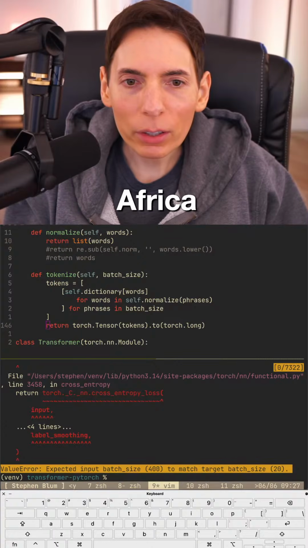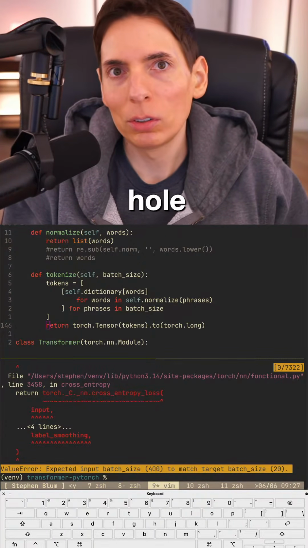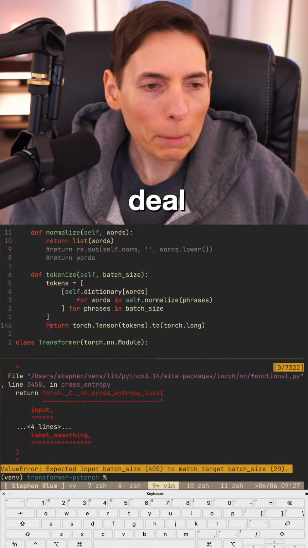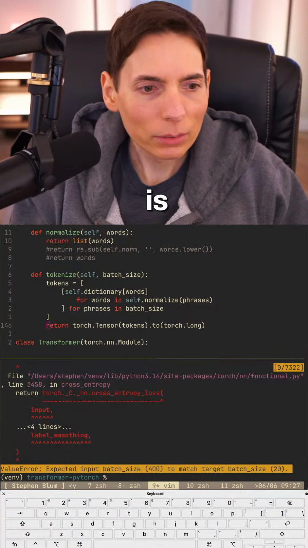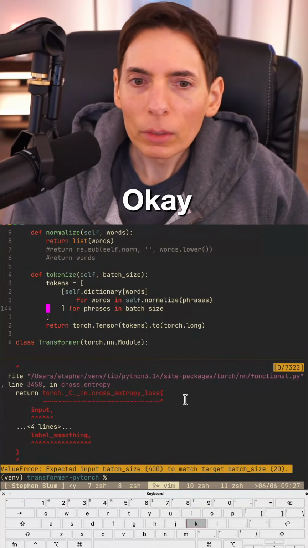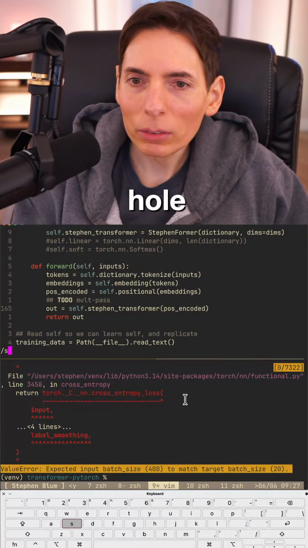There's a hole in South Africa. Is there? Wait, what kind of hole? Like an actual hole to the center of the earth type deal? Is that what that is? Let's see here. Okay. A fire hole, right? What kind of hole?